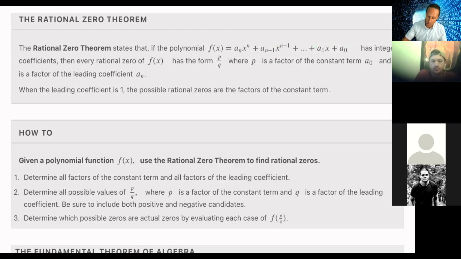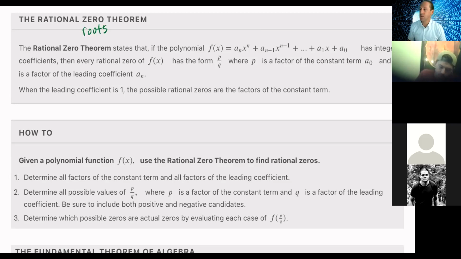So what we want to be able to do to big, nasty polynomial functions is still find their zeros, still be able to factor. And this is the technique we use. It's called the rational zero or rational roots theorem.